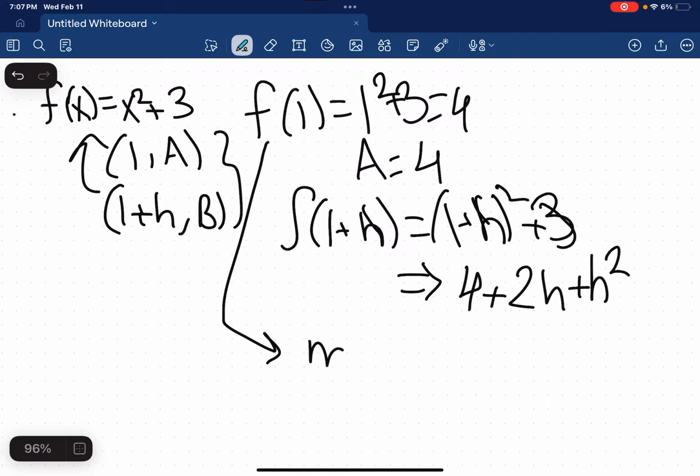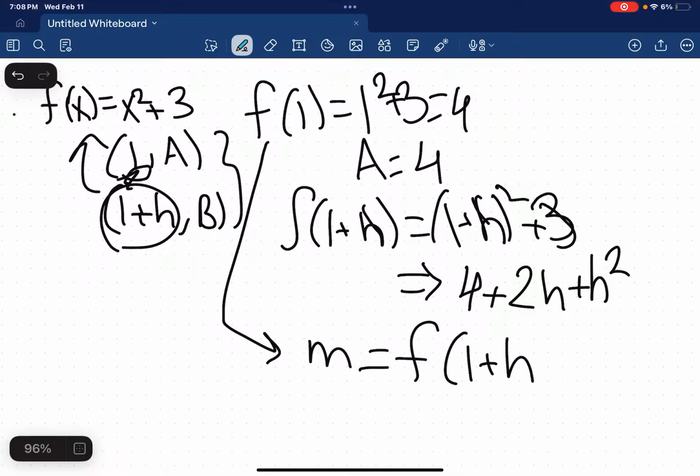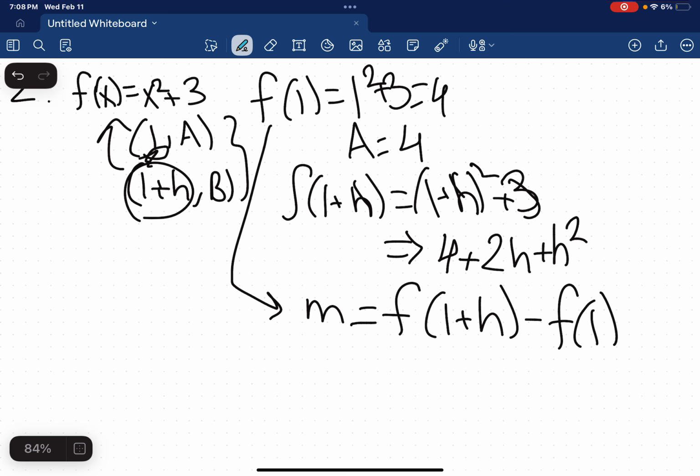It's going to be this first f of x value minus this first f of x value over h. So f of 1 plus h minus f of 1, divided by h.